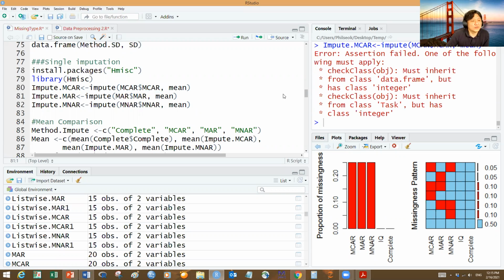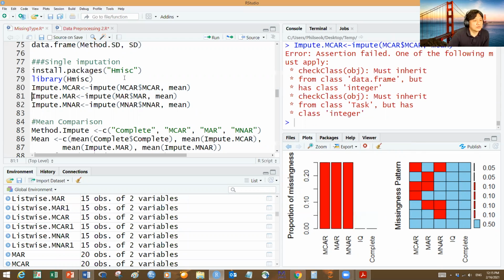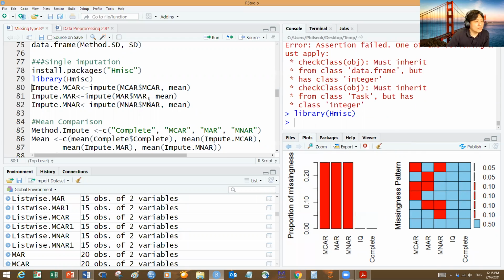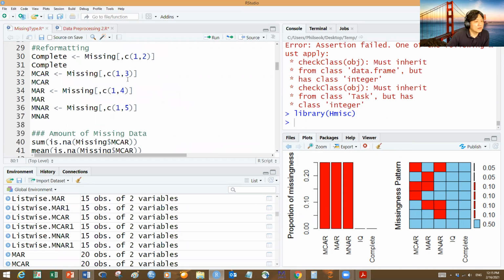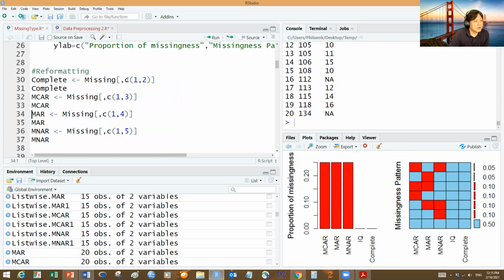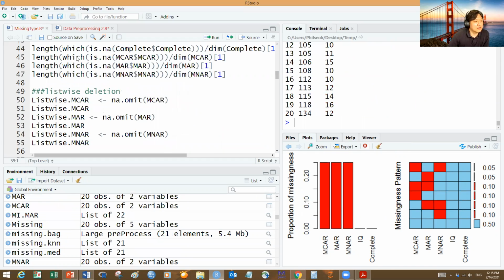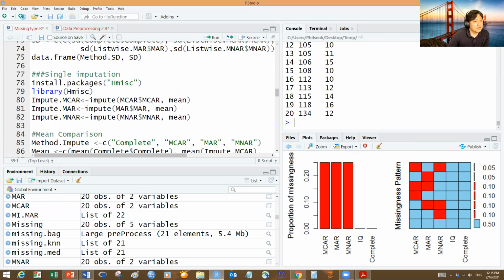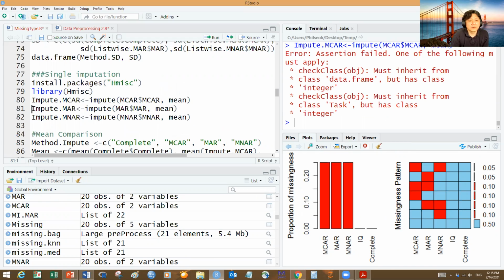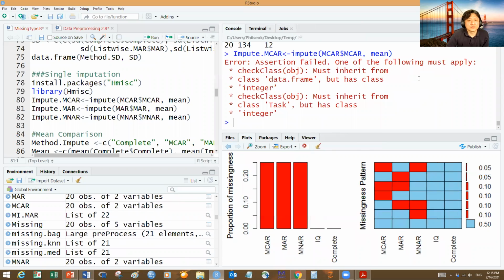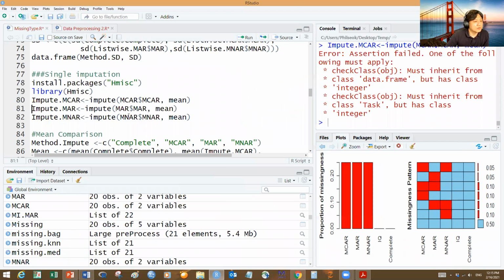error, what's wrong? Uh-oh. What is the problem here?